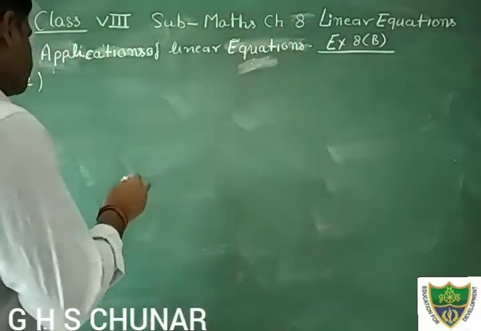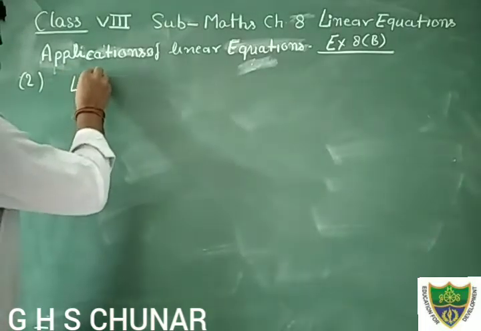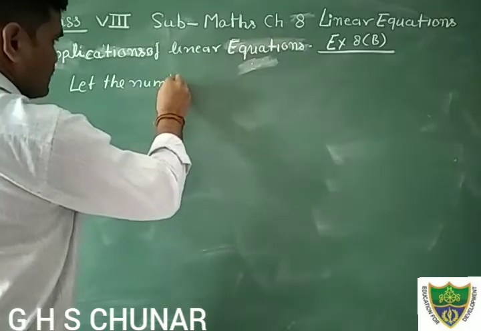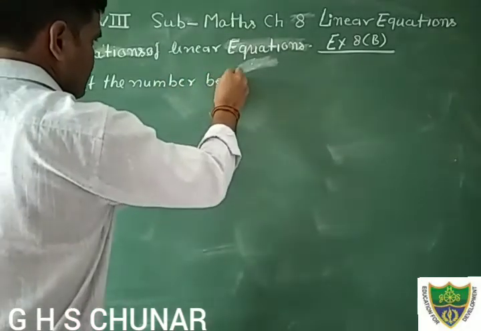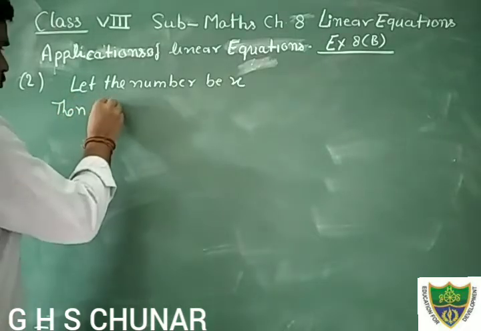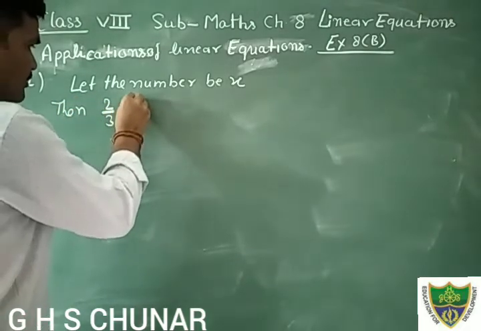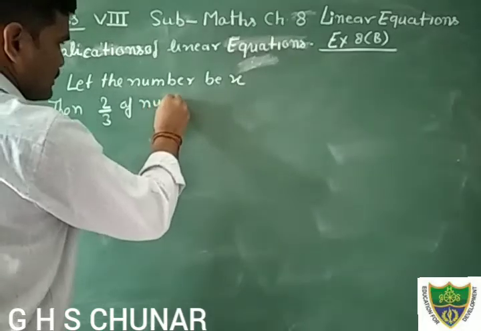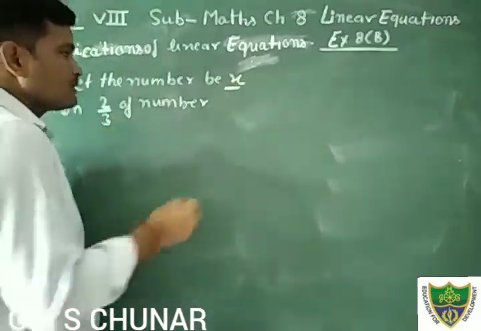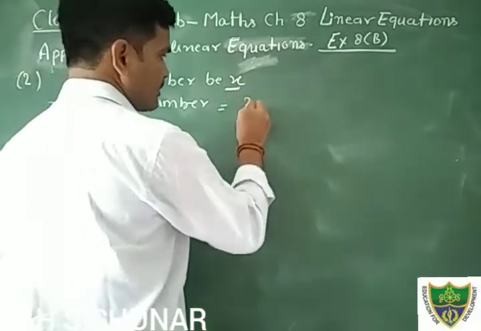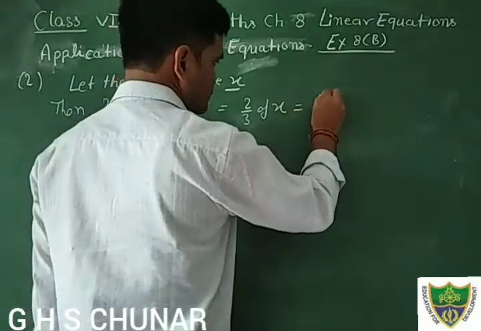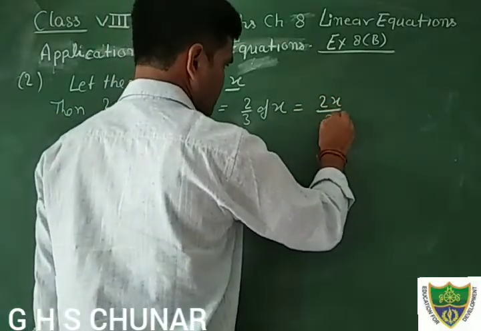Let the number be x. Then 2 upon 3 of the number, that is 2 upon 3 of x, is equal to 2x upon 3.